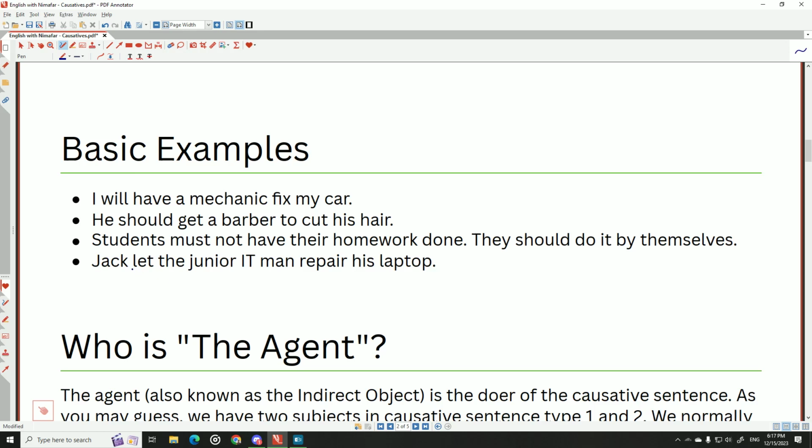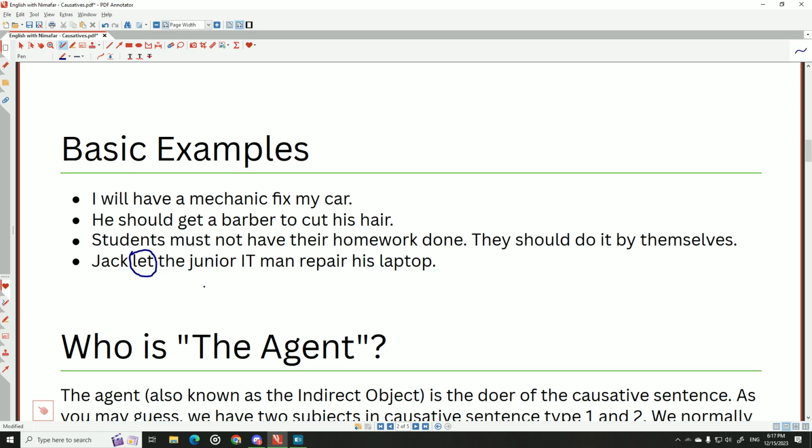There is a kind of debate, not between teachers but linguists, on whether we should use let as a causative verb, because technically with let you're giving permission to another person to do it. So technically we can say yes, because when you say let, you don't do it, you let him.